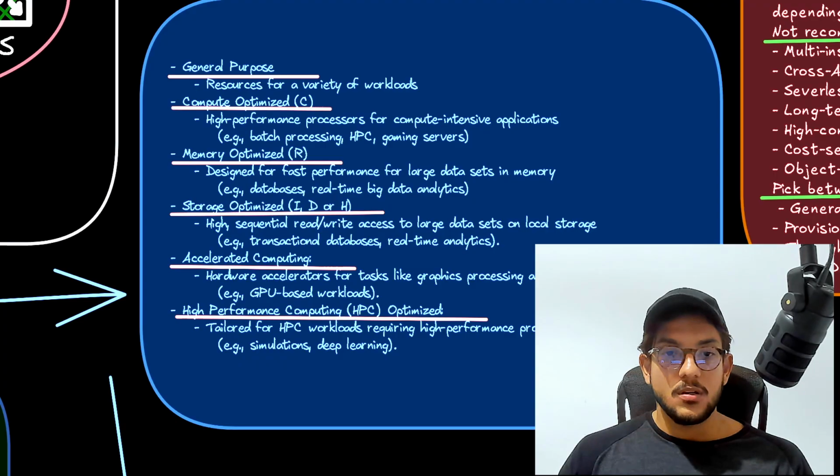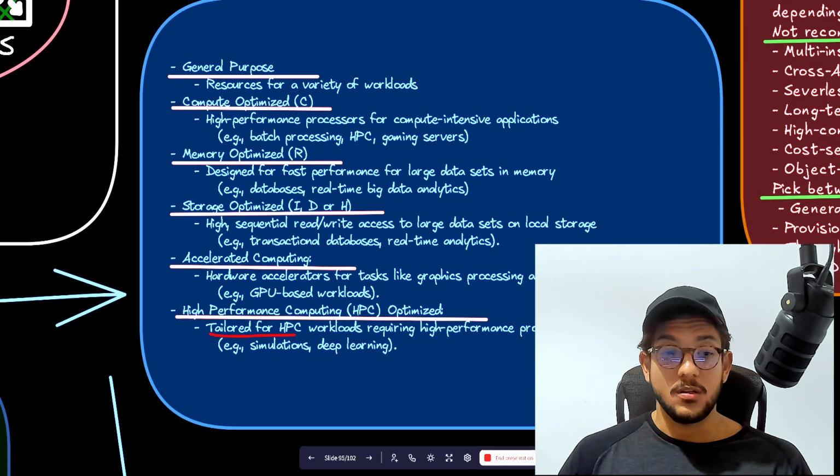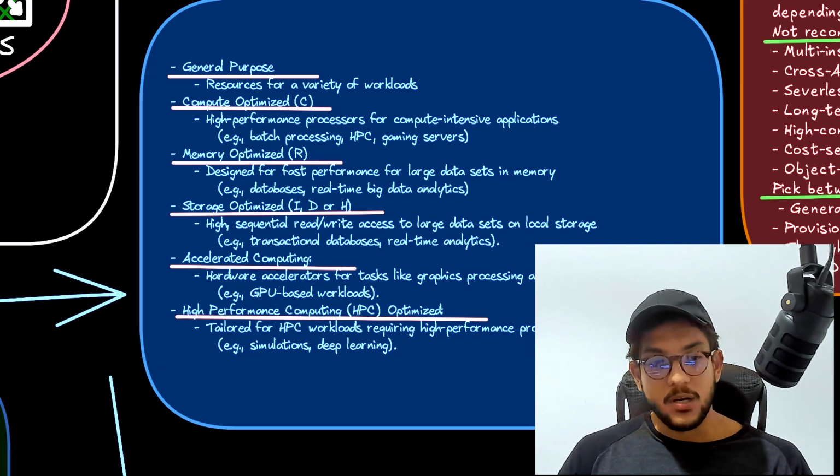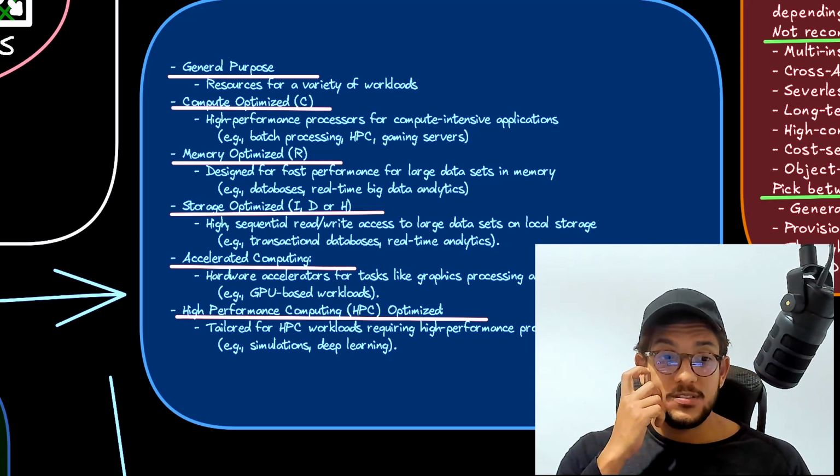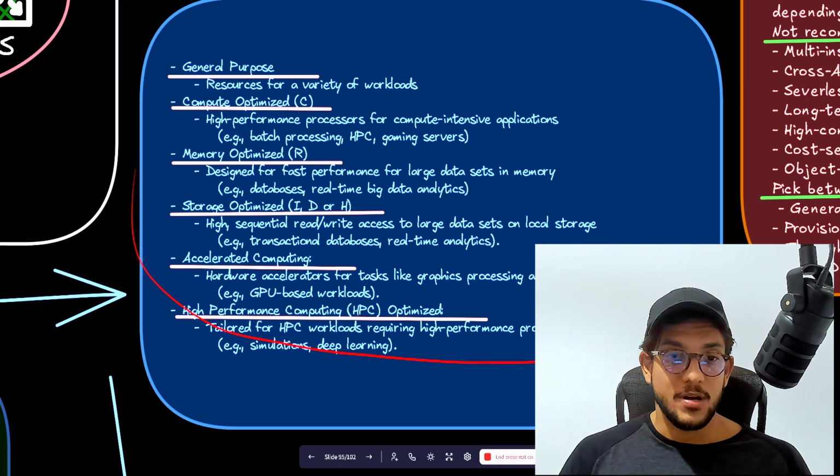Accelerated computing, GPU-equipped instances for machine learning and rendering tasks. High-performance computing, when you need raw computational power with low latency network. Pick the wrong type and you'll either waste money or get terrible performance. I've seen both happen too many times already.